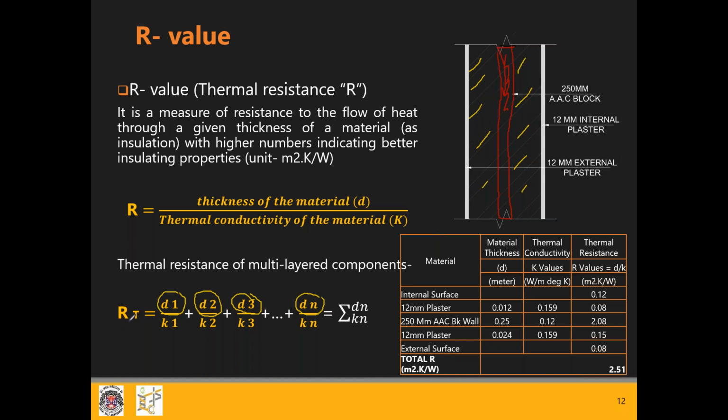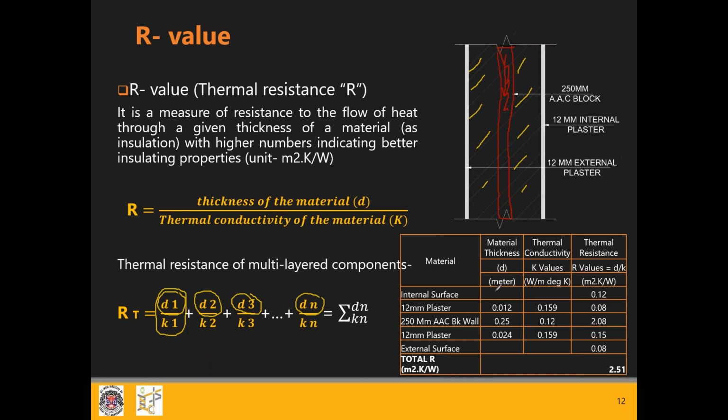So the total resistance value is the addition of the first material's thickness divided by the first material's thermal conductivity, added with the second material's thickness divided by the second material's conductivity, and so forth. The number of layers that you have, you will have that many components in your R value calculation.